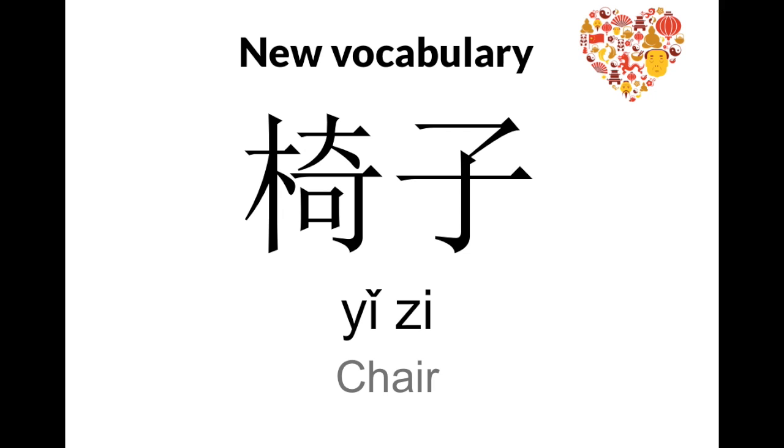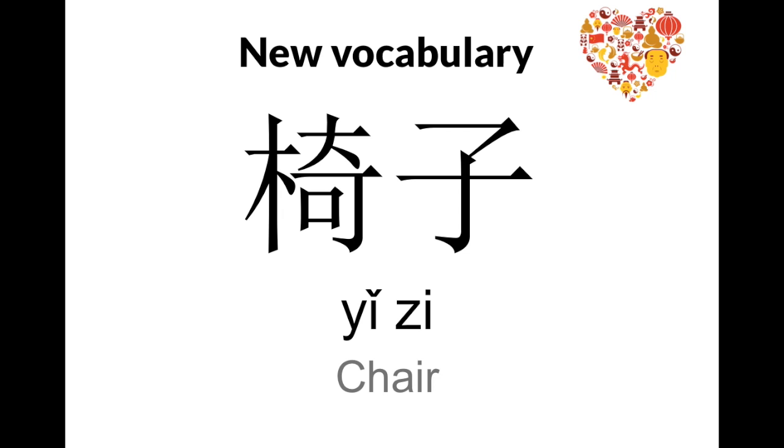Here is yet another noun, 椅子, chair. And personally, I think this looks like a little man standing on top of a chair. And also we notice that this ends with 子, and this is very common for Chinese nouns. So if you see a two-character word ending with 子, we can probably guess that it is a noun.